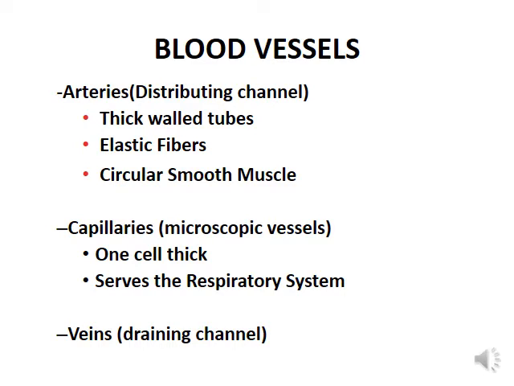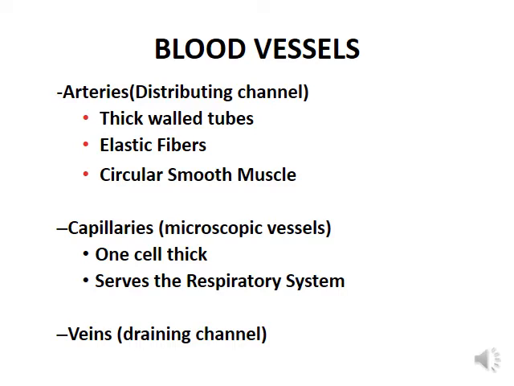They are thick-walled, they are elastic, and they've got smooth circular muscle. Whereas the capillaries are also small parts of the arteries, which are 1 cell thick to reduce the diffusion distance, okay, and to also help in exchange of materials.